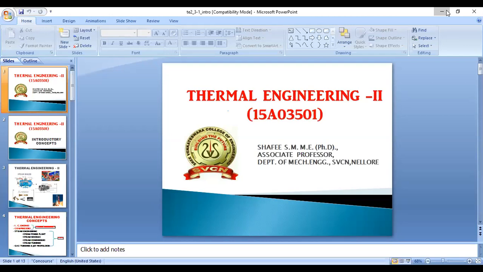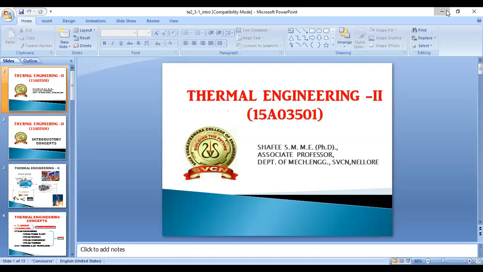Steam is the basic fluid, and it will be expanding in the turbine here. Once it expands, the high pressure steam energy is converted into mechanical energy, and the left out steam comes down here. That mechanical energy is coupled to an alternator or generator to produce electrical energy.